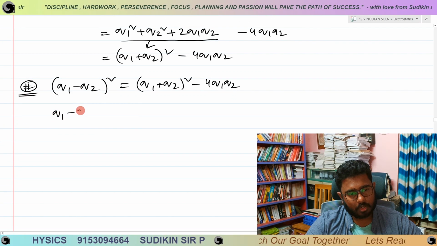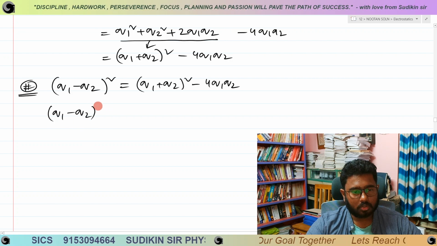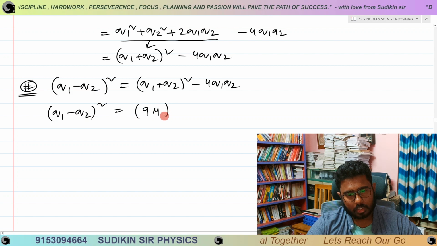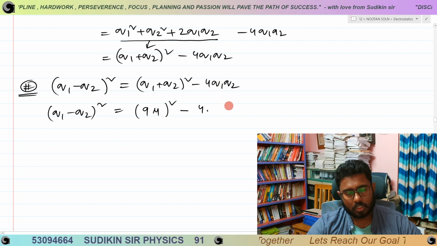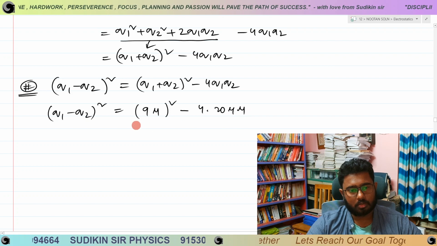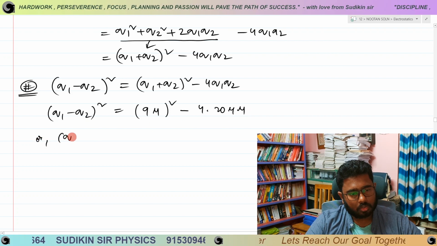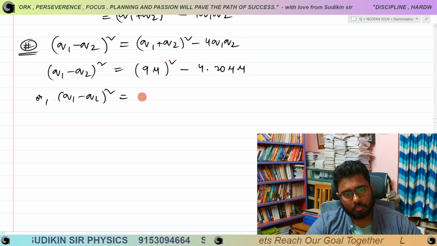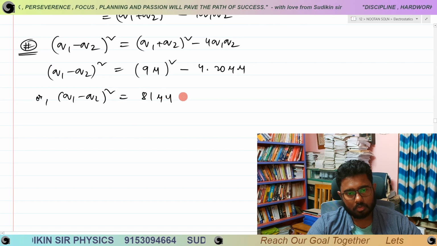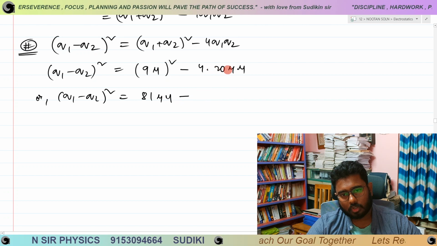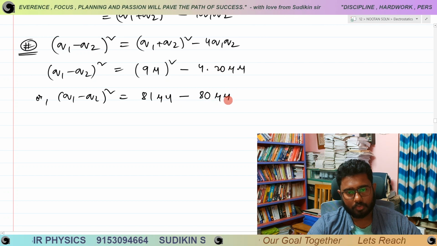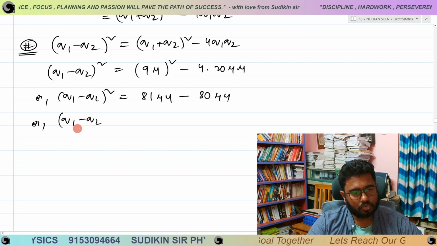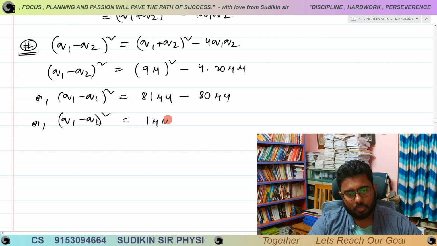Okay, let us put the values. So q1 minus q2 we want to find out. q1 plus q2 we have already got as 9 micro, that square, minus 4 q1 into q2 is 20 micro, or q1 minus q2 square will become 9 mu square, that is 81 mu minus 4 into 20, that is 80 mu, or q1 minus q2 square will become 1 mu.